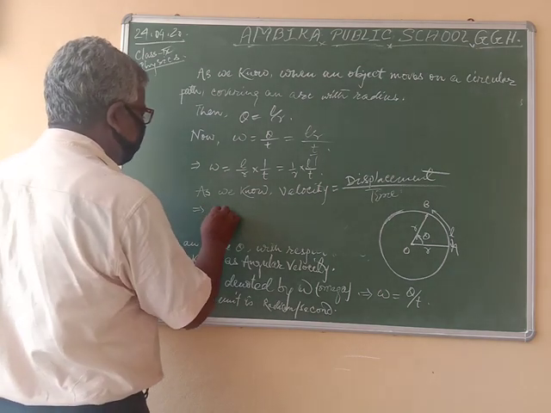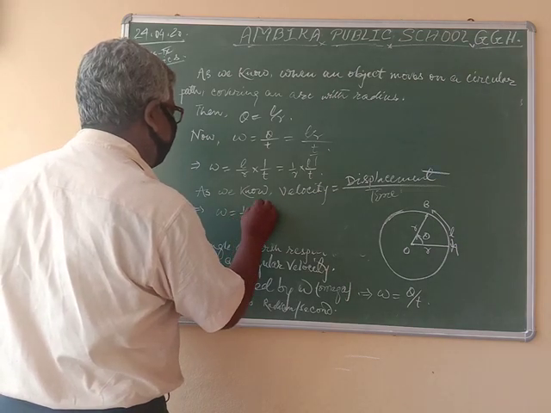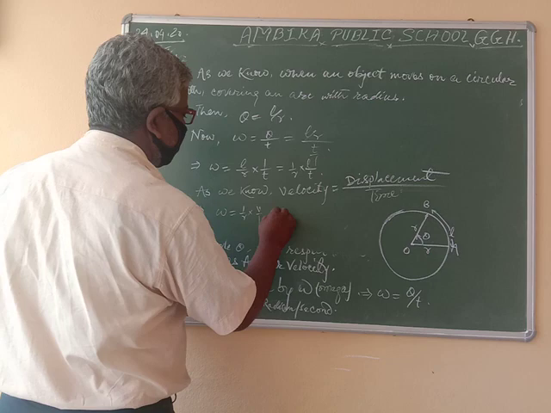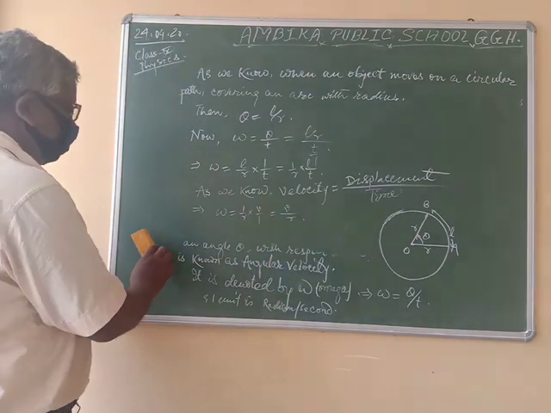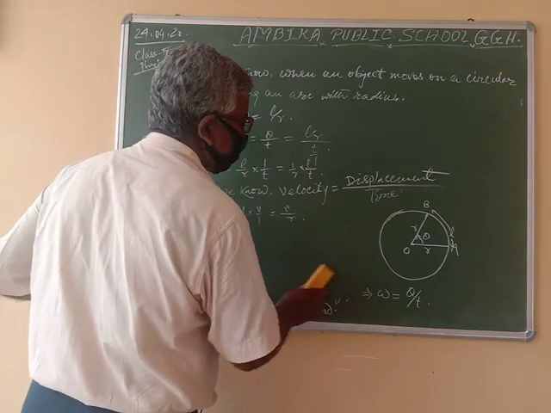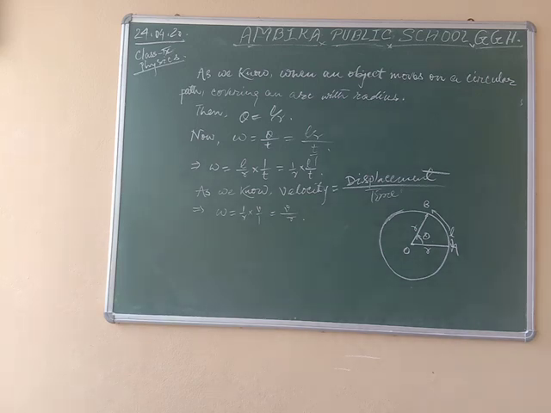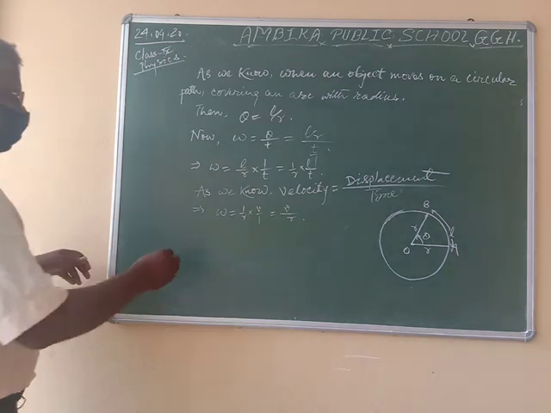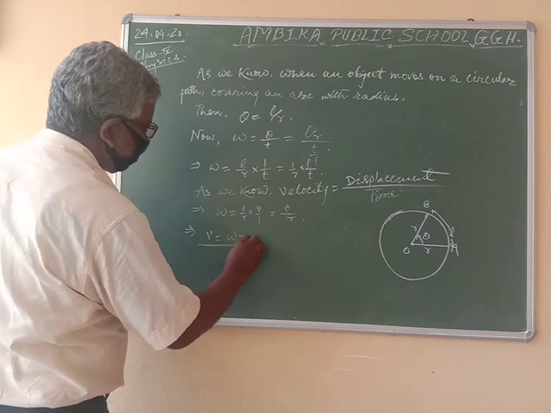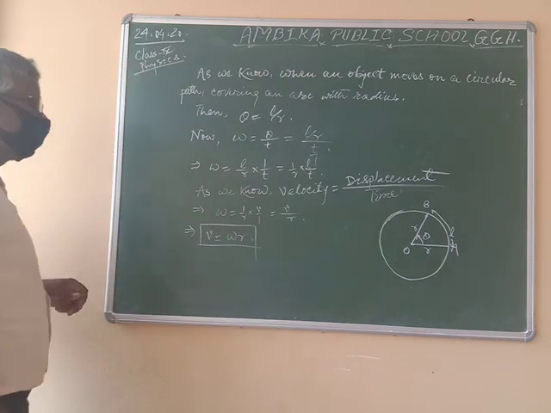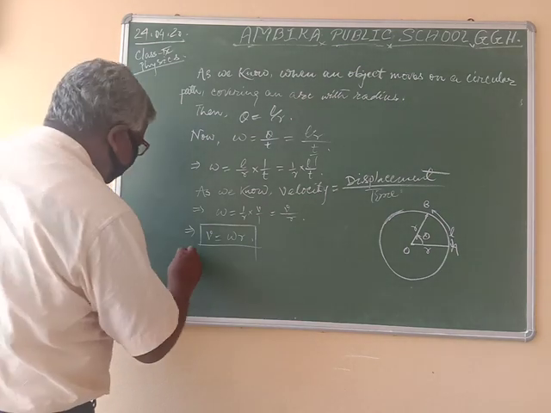That is omega is equal to 1 by R into V, that is V by R. Now V is equal to omega R. Linear velocity is equal to angular velocity into radius.